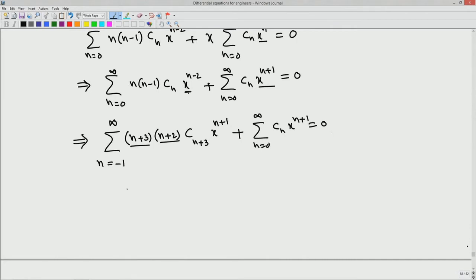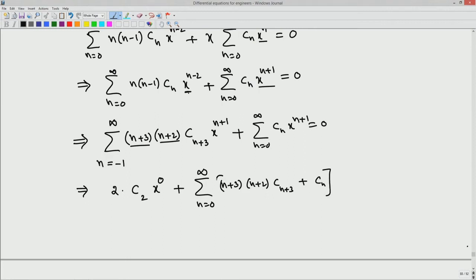So, what are the isolated terms? n equal to minus 1. That means for n equal to minus 1, that is 1, 2 into 1, c n equal to minus 1 is 2 into x power 0, plus what I have is n from 0 to infinity, n plus 3, n plus 2, c n plus 3, okay, that is the common, plus c n.